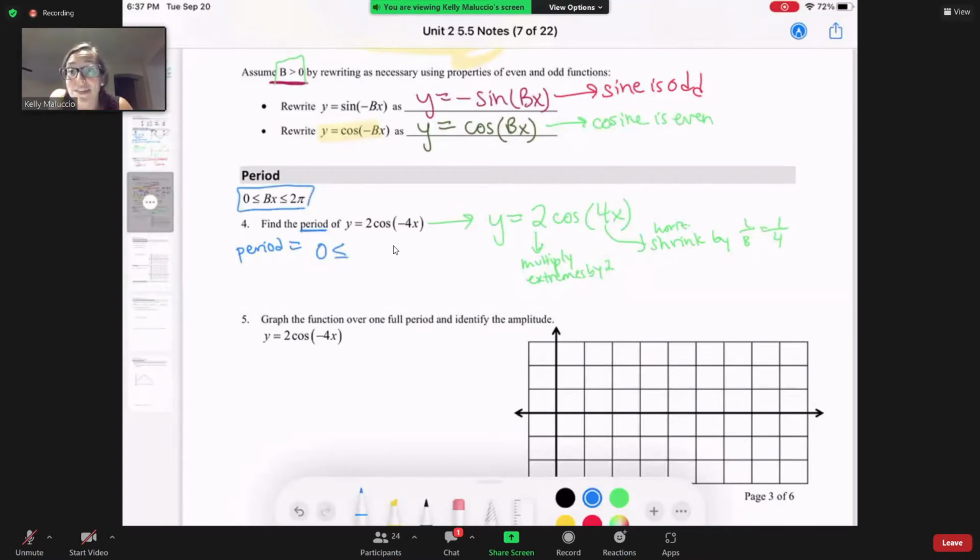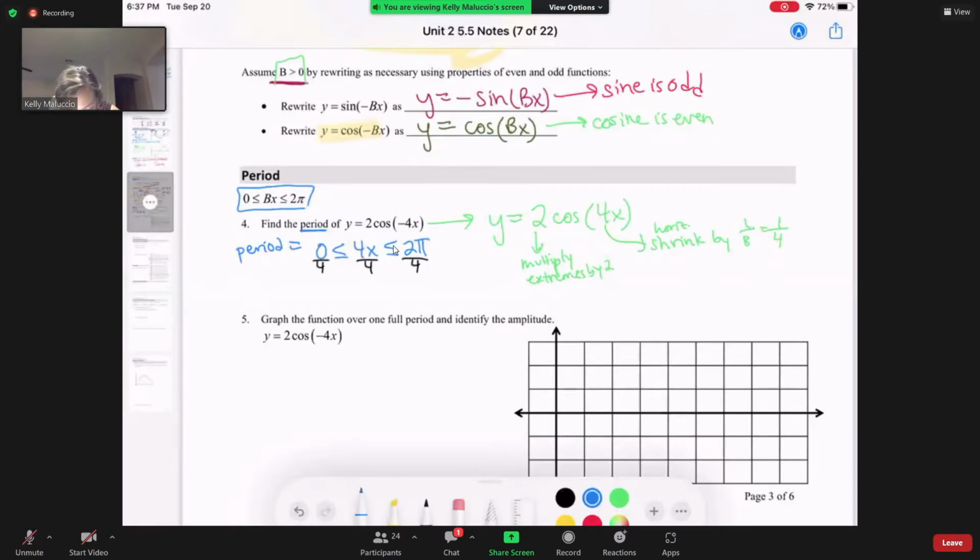Maybe this is easier for you. I just like the formula, but we're going to use this. So 0 less than or equal to 4x less than or equal to 2 pi, because our original period is 0 to 2 pi. And normally this is x, right? But now all we have to do to solve is divide everything by 4.